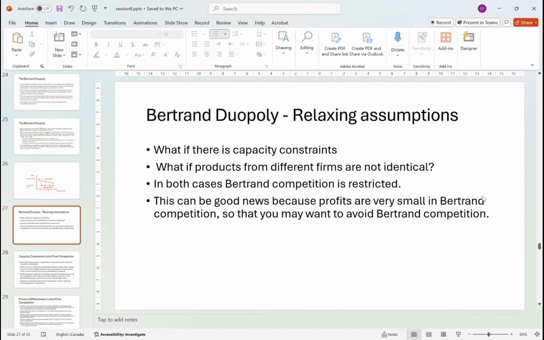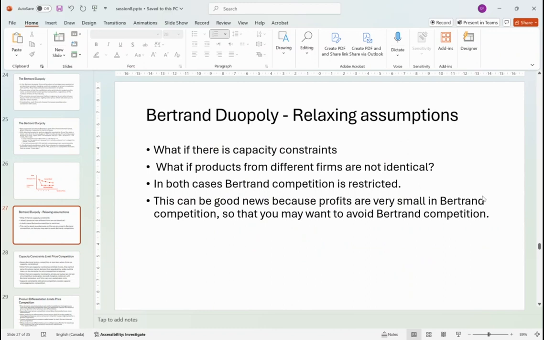Now, assuming both firms under the Bertrand model are producing the exact same product, with the same cost function and everything, that might be too unrealistic, right? If we want to make the Bertrand model closer to real-world examples, we need to relax some assumptions.